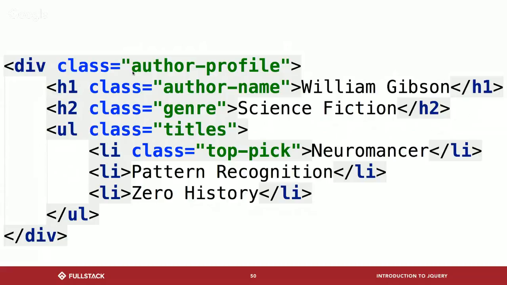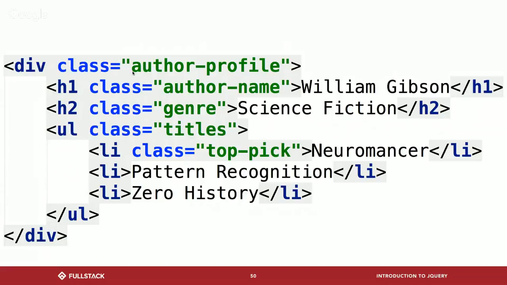Even in the short period of time we have to work on these workshops, you can go in and look at the documentation. It's pretty good. So here's some HTML, an HTML fragment. The author profile is wrapping around the author name, the genre and the titles. When we think about these tags, we can think of this as a parent.